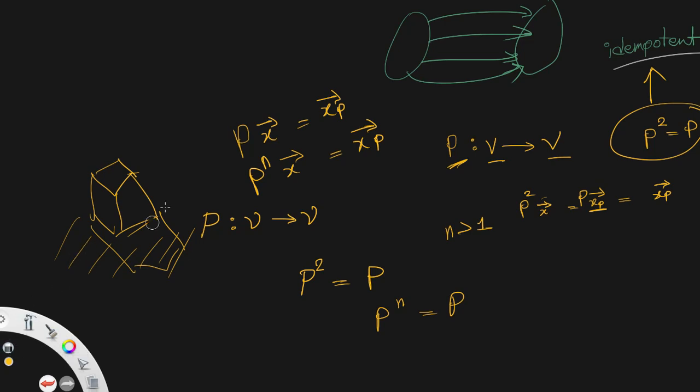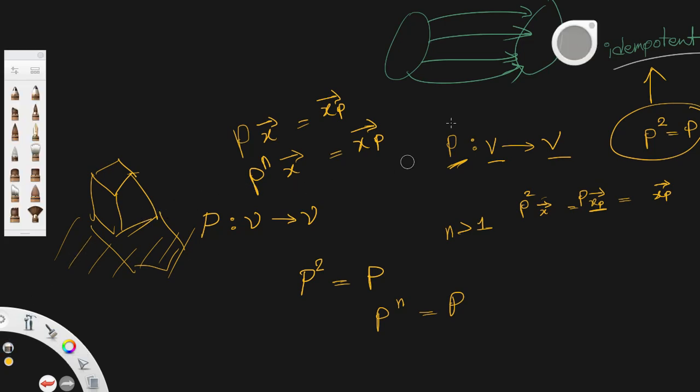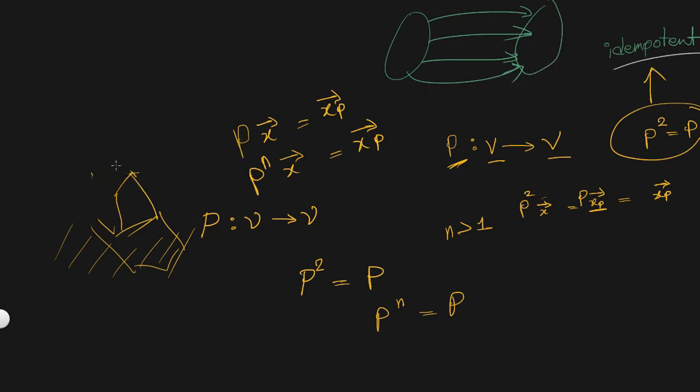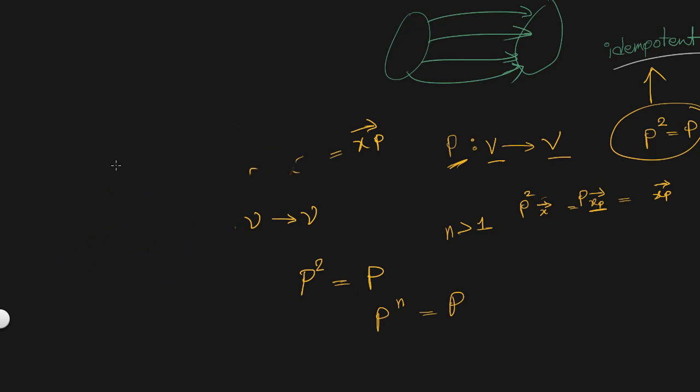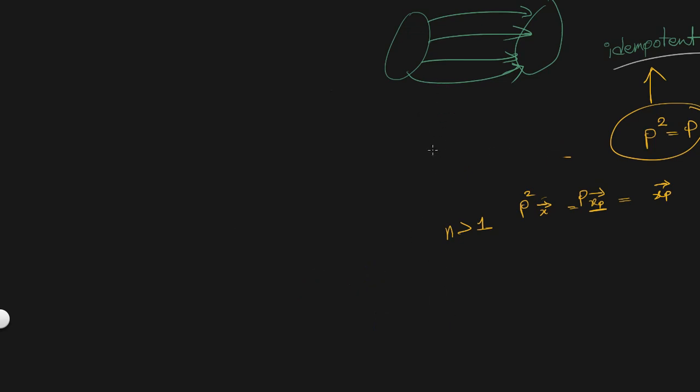Now let's talk about projection a little in depth. There are different kinds of projection. We have parallel projection and perspective projection. This is the biggest classification, the topmost one in the hierarchy.